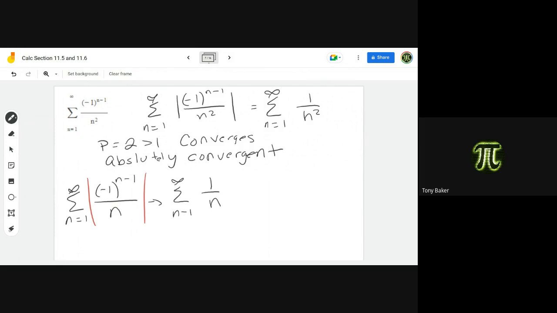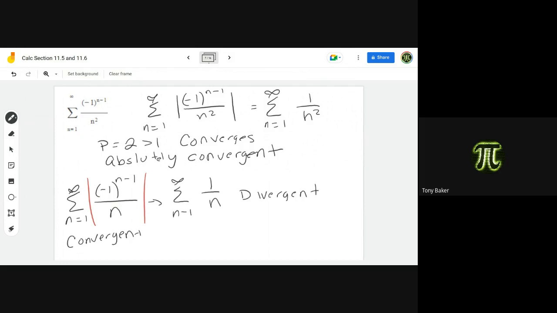That's the harmonic series, which is divergent. That tells me nothing. Because that's divergent, and we actually know that this series right here is convergent, because that's the alternating harmonic series that we just did at the beginning of class.